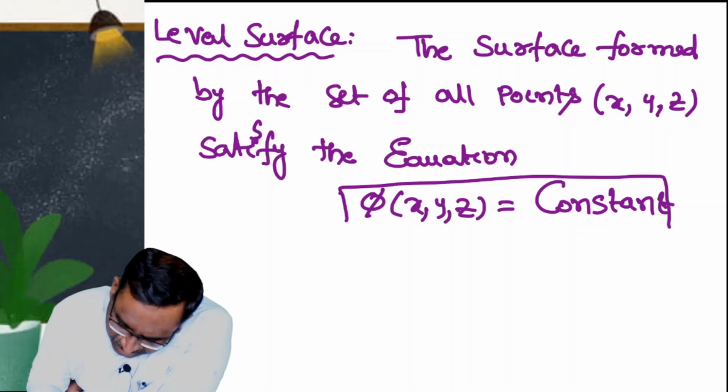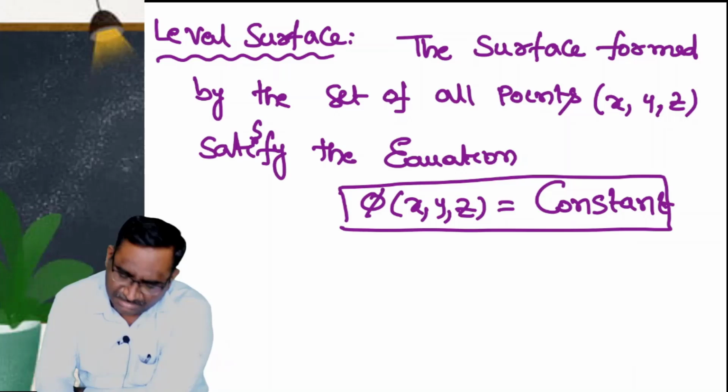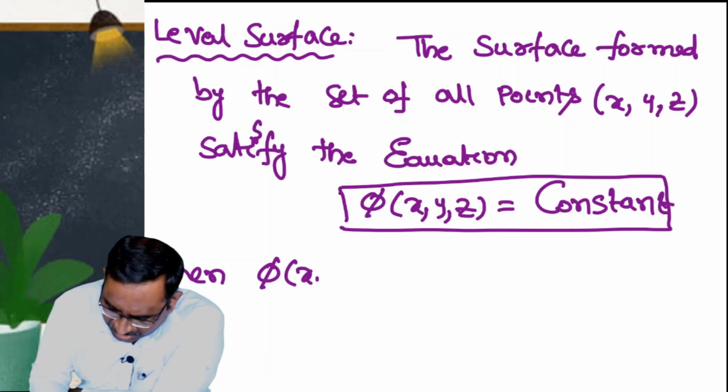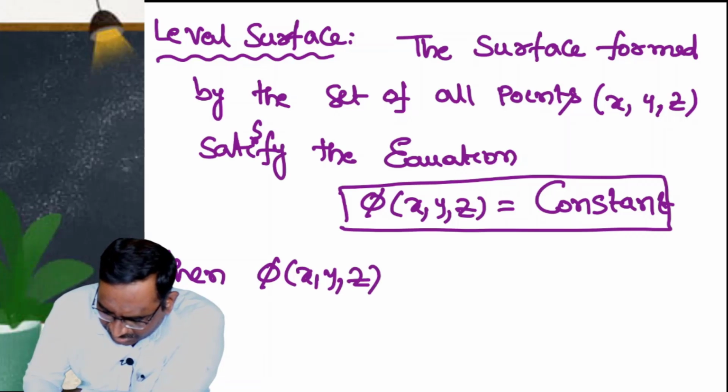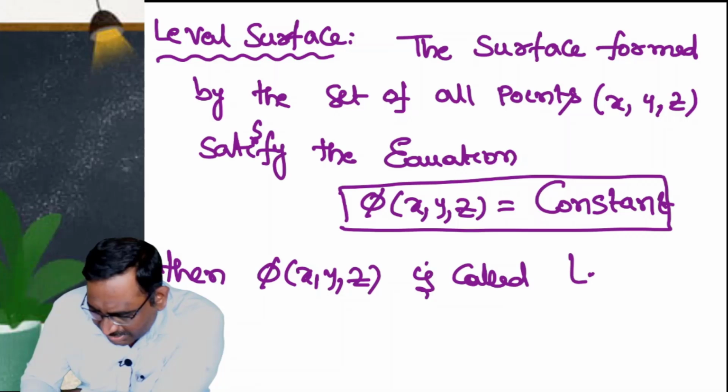then that function phi of x comma y comma z is called a level surface.